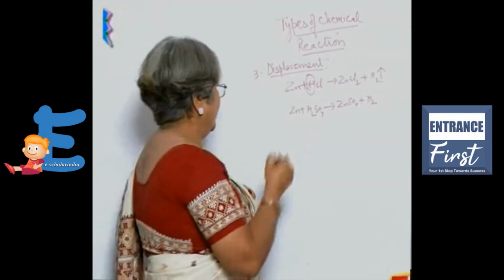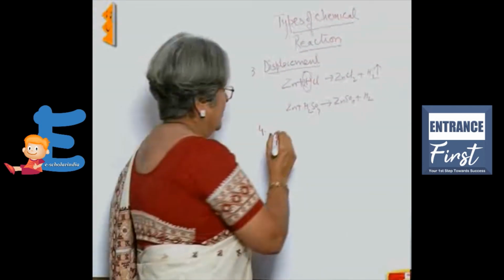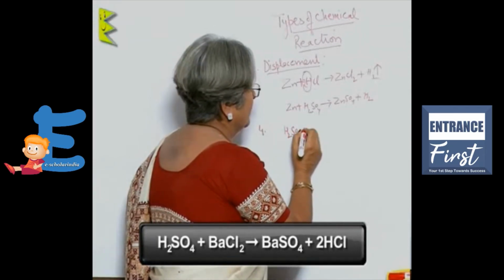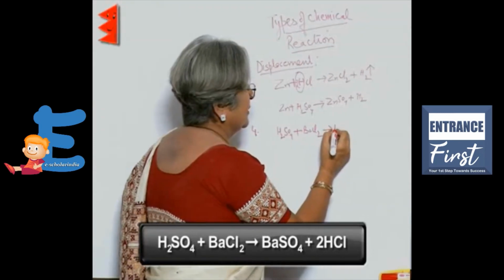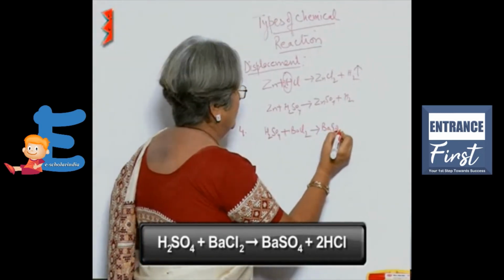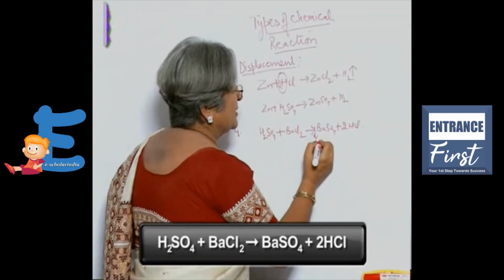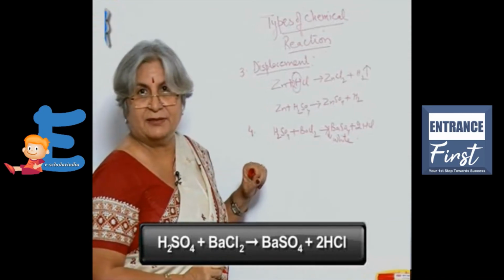Now how is that? If you pour sulfuric acid into barium chloride, what you will get is barium sulfate plus HCl. This is a white precipitate. Now here what has happened?